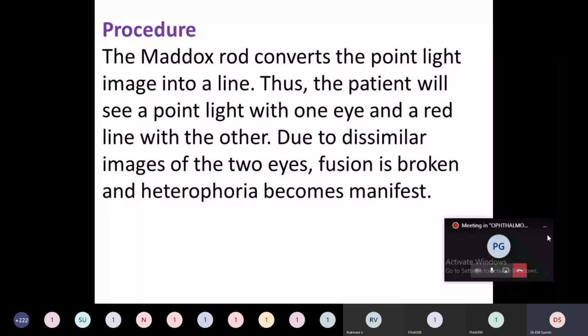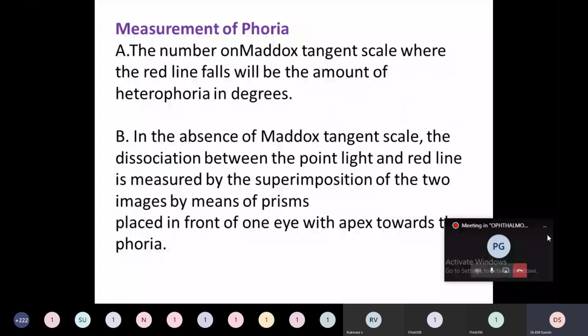The distance of the red line away from the light seen by the other eye gives the amount in degrees on the Maddox tangent scale. The number on the Maddox tangent scale where the red line falls will be the amount of heterophoria in degrees. If you don't have a Maddox tangent scale, then the amount of deviation or phoria is measured by using prisms.